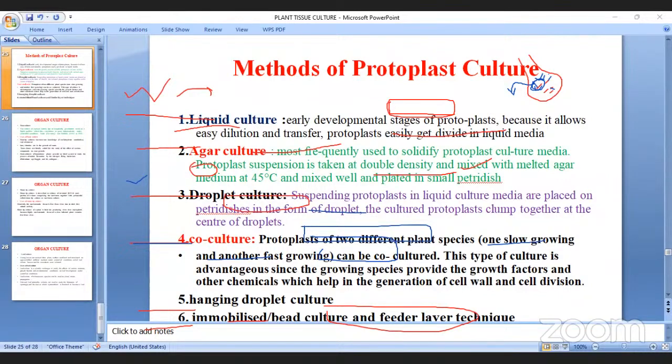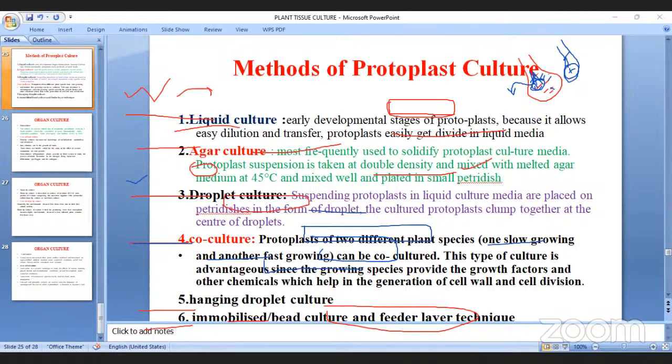This type of culture is advantageous since the fast growing species provide the growth factor. For example, this is the fast growing culture, blue color, and the slow culture, slow development. Why is it slow development? Due to lack of growth hormone, growth promoters, it is slow. Why is it fast?